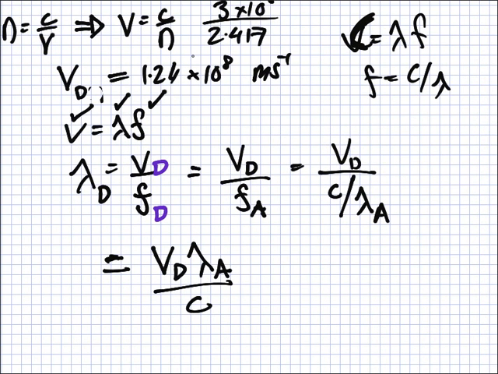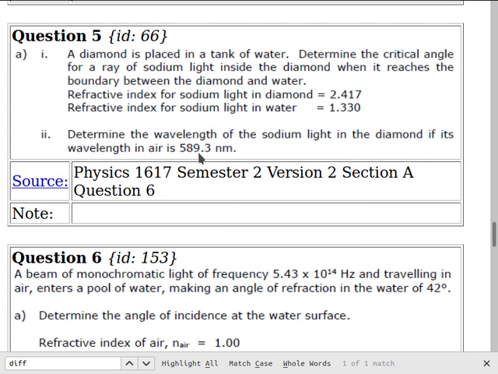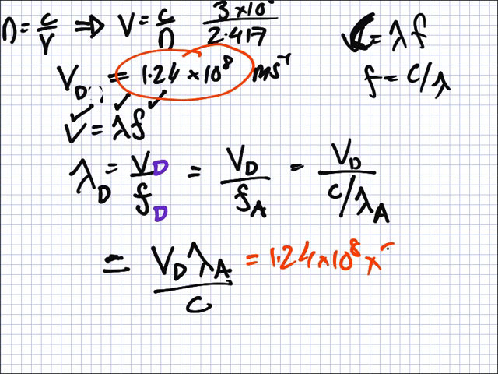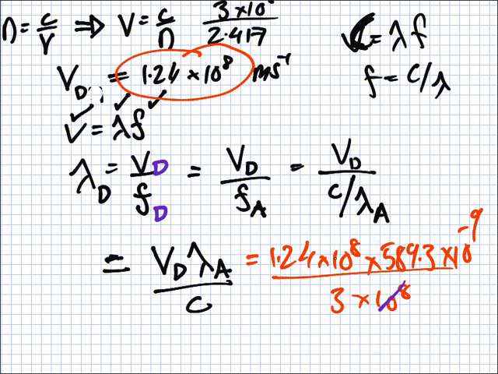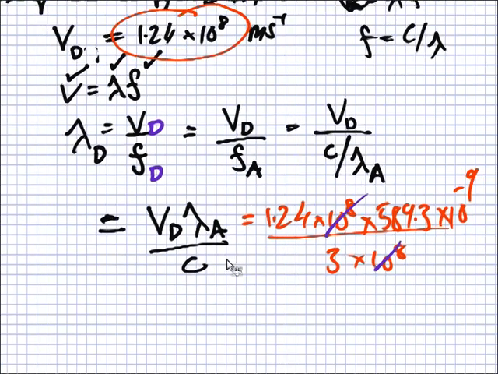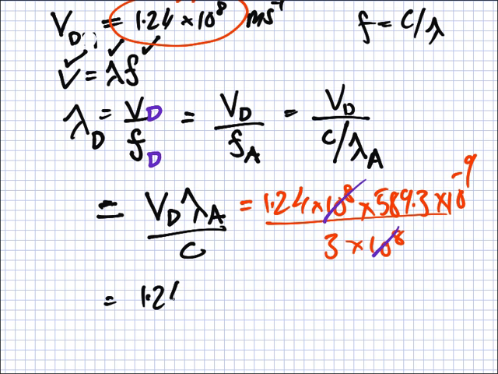So this number times 589.3 times 10 to the minus 9 over 3 times 10 to the 8. Well, that and that cancels. So it's just going to be 1.24 times 589.3 over 3.